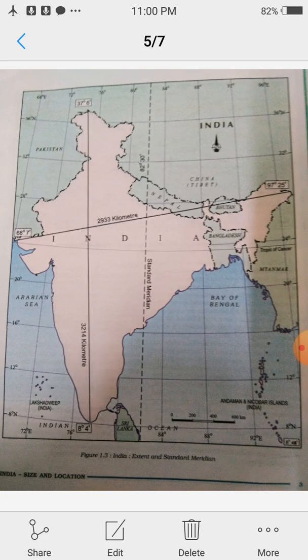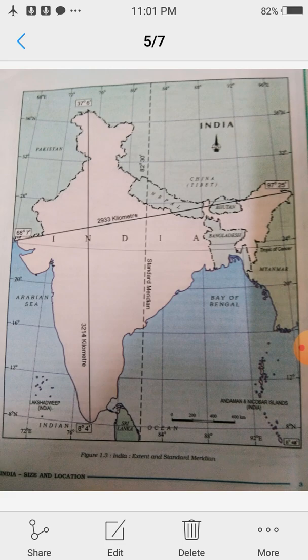Hence, the time along the standard meridian of India, that is 82°30', passes through Mirzapur. Generally this is asked in very short questions or MCQs. So it is passing through Mirzapur. Where is it?